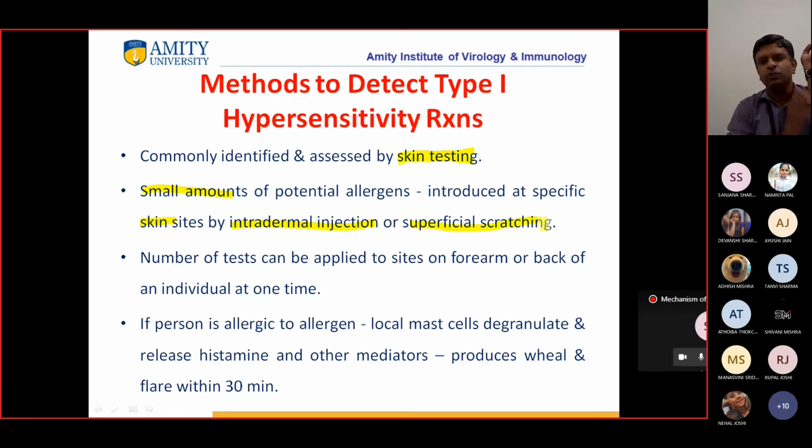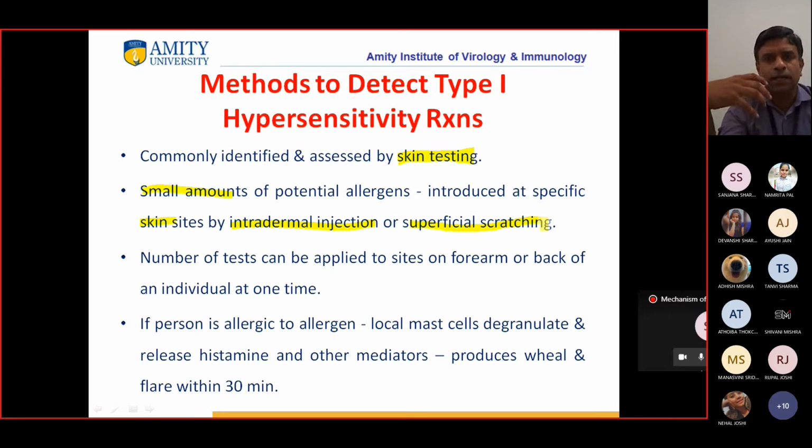But this superficial scratching is not a good practice. So usually we take a small amount of potential allergen. For example, you go to the doctor and tell him that you have some allergy. So the doctor will ask, किस चीज से allergy.